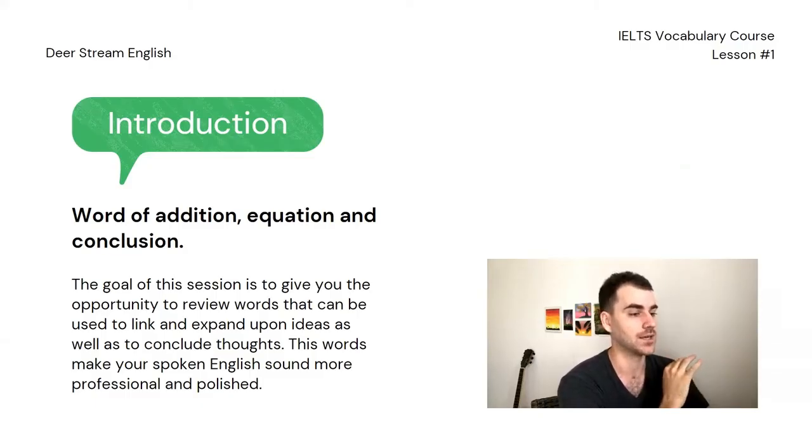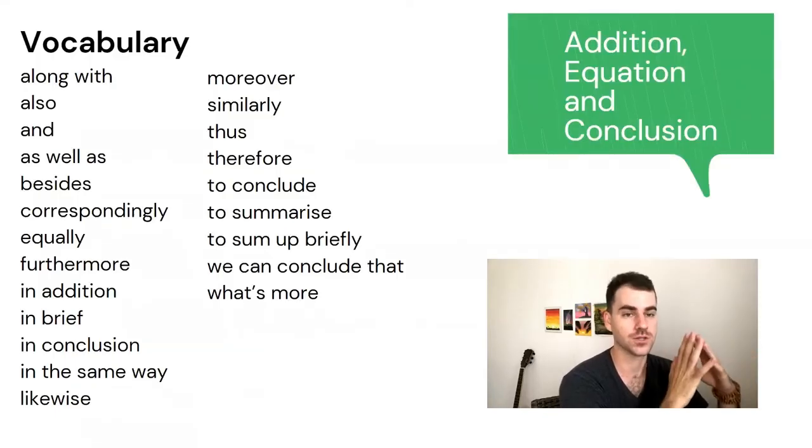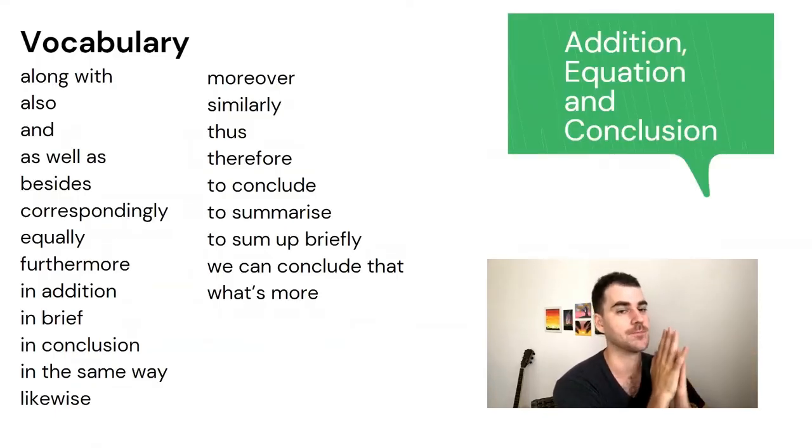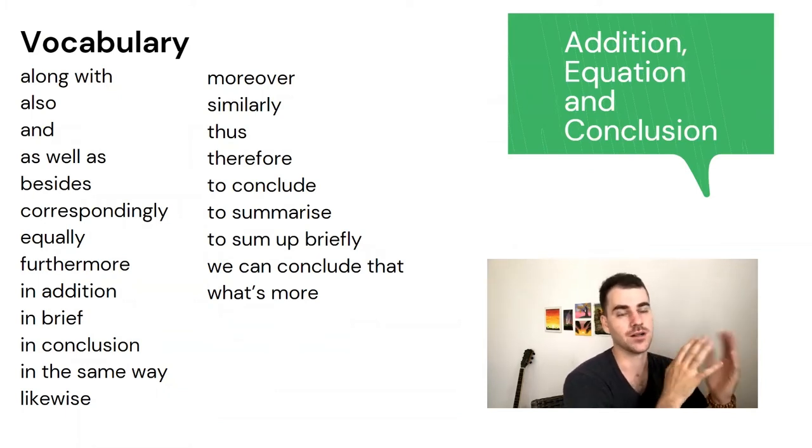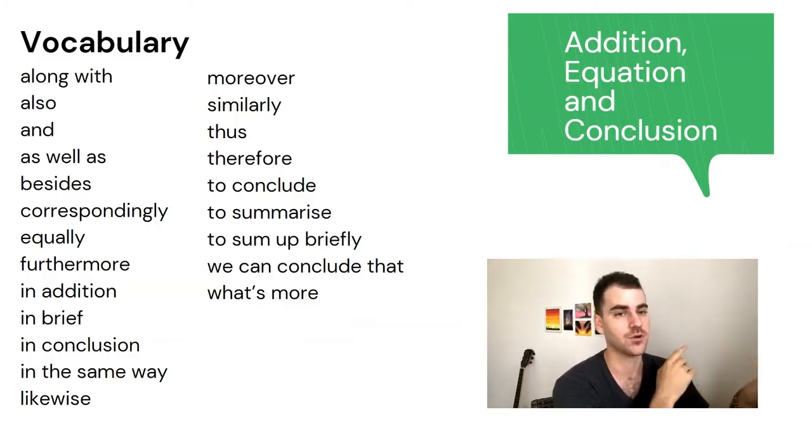So let's begin. These are all of the words we're going to be learning today. And some of them are phrases and not words, but I'm just going to read them all and you can follow along. And this would also be a good time to write these in a notebook because we're going to need these words later on.